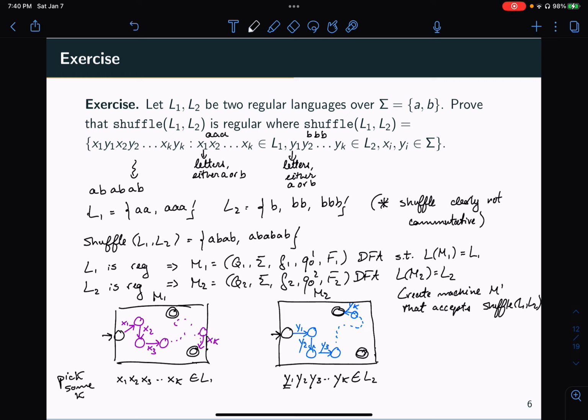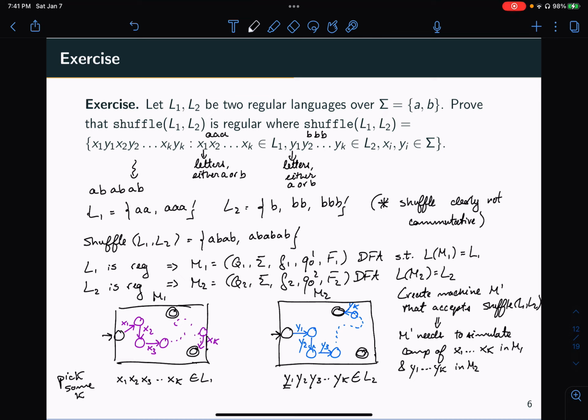What this machine has to do is simulate the computation of M1 and M2 at the same time: to simulate the computation of x1 to xk in M1 and y1 to yk in M2.